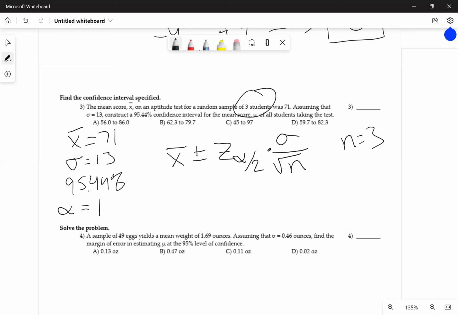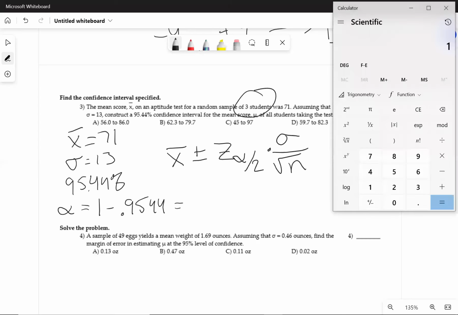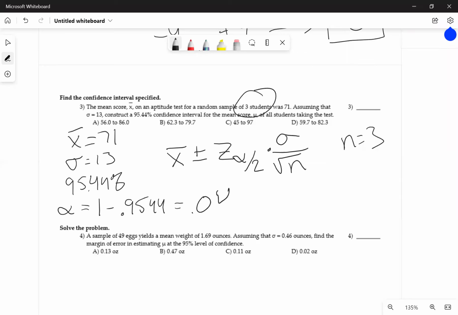Alpha equals 1 minus 0.9544. So if I have 1 minus 0.9544, I get 0.0456.